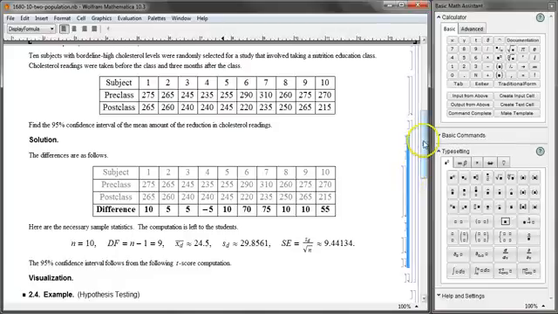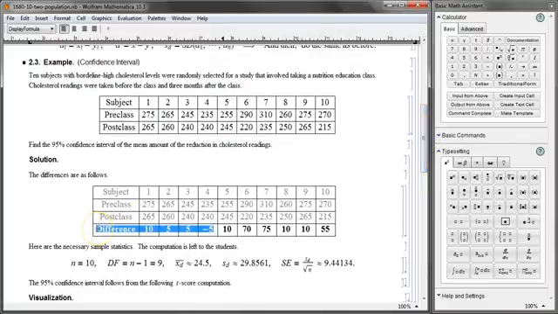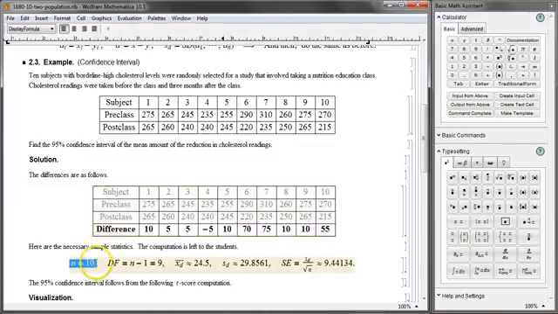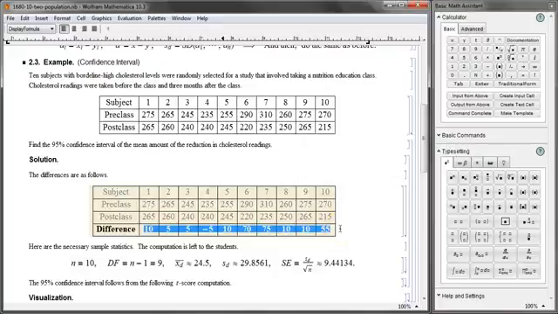Well, here's the solution. Typical thing, we have the sample size of 10 and we have these data, and then we do exactly the same as before. There are 10 subjects, so the sample size is n, and consequently the degree of freedom is n minus 1, so that's 9. And then the mean of all these turns out to be 24.5.